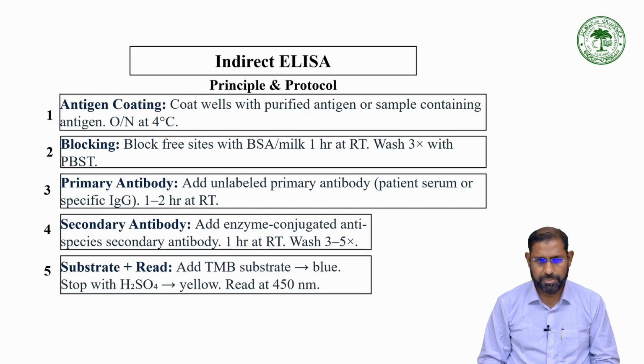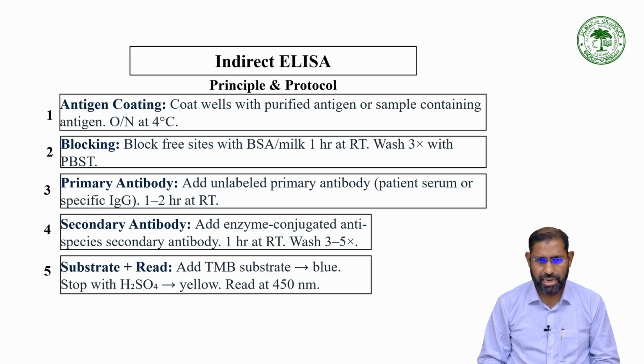Now we add unlabeled primary antibody, patient serum or specific IgG, for 1 to 2 hours at room temperature. Then we add enzyme-conjugated anti-species secondary antibody for 1 hour at room temperature and wash 3 to 5 times.